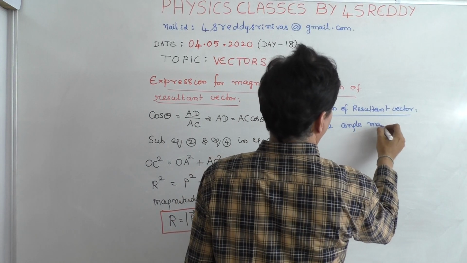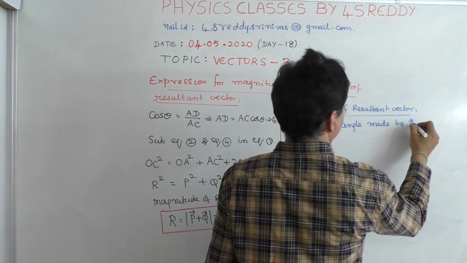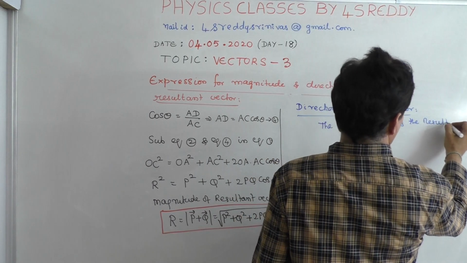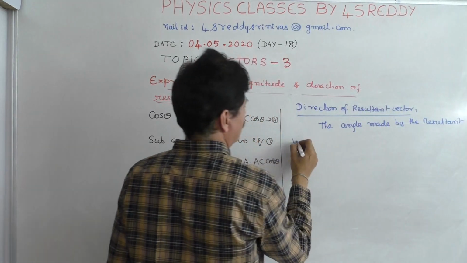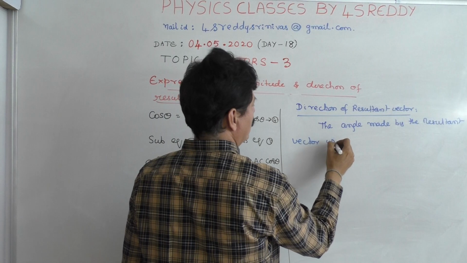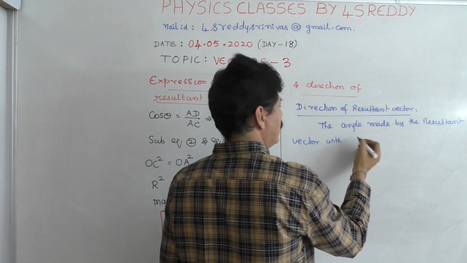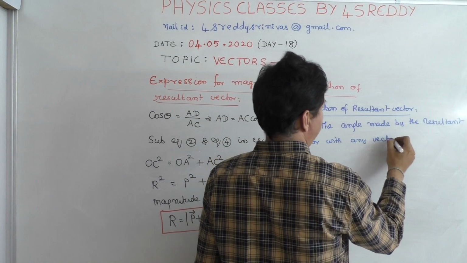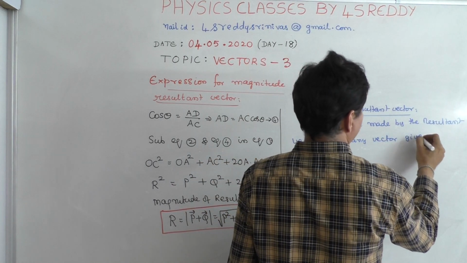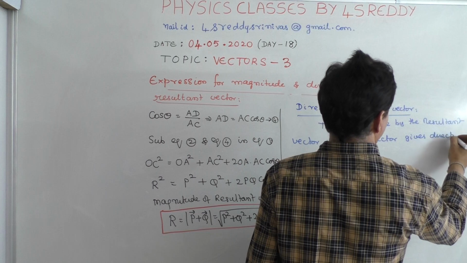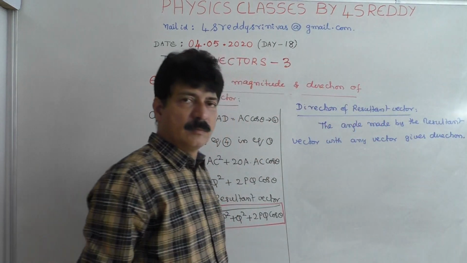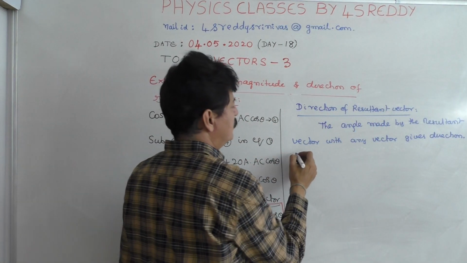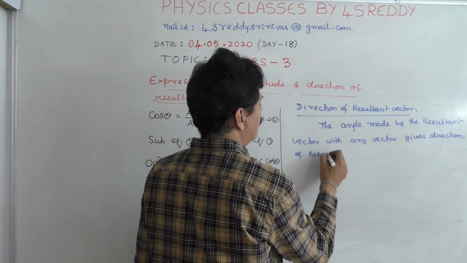The angle made by the resultant vector with any vector gives the direction of the resultant vector.